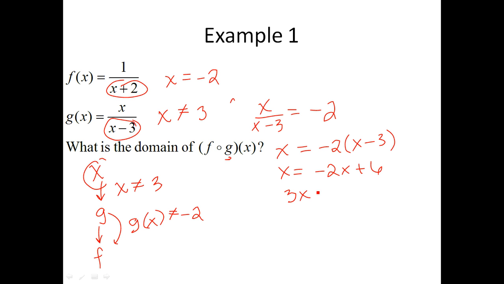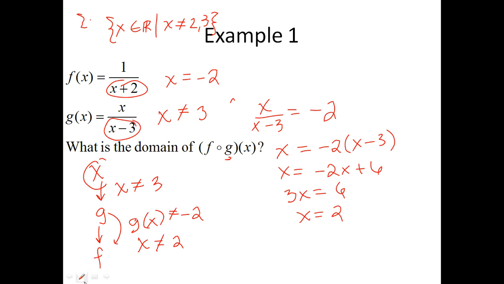This would be 3x when you add 2x to both sides, and so x equals 2. So really, it's not -2 that you should be concerned with, it's +2, because when you plug in a +2 into g, then g spits out a -2, and then that breaks f. So now we have our domain, which would be: x is any real number as long as it's not 2 or 3.